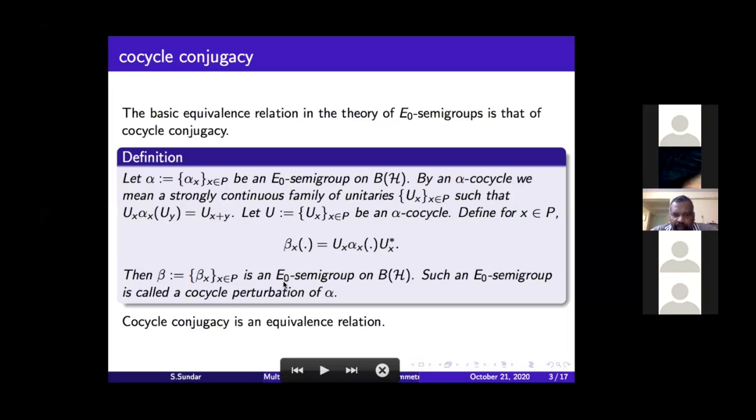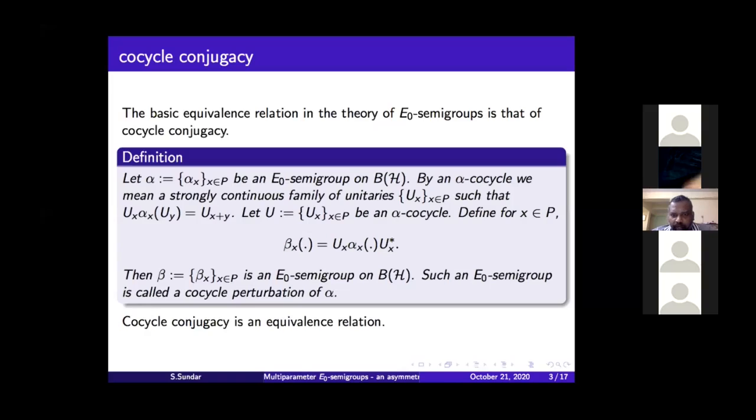We call beta a cocycle perturbation of alpha. We do not distinguish between two E0 semigroups if one is a cocycle perturbation of another. That is the basic equivalence relation in this subject, and we want to understand how E0 semigroups behave under this equivalence relation.